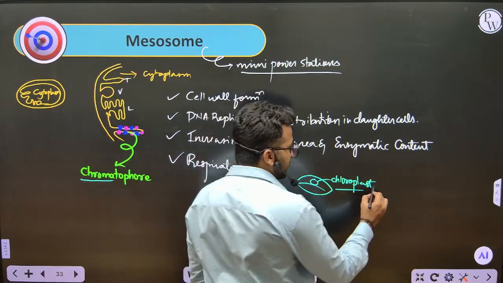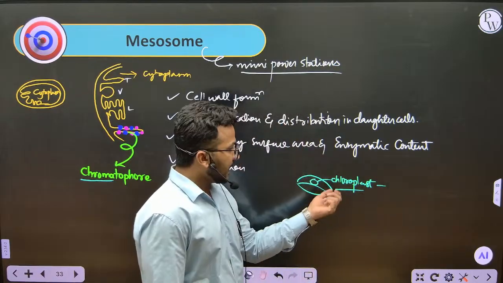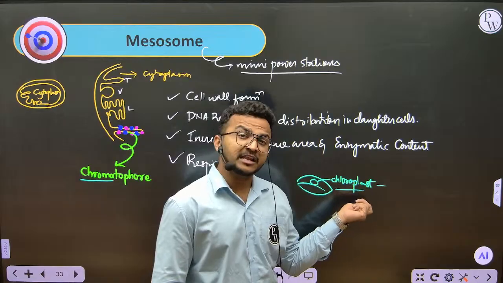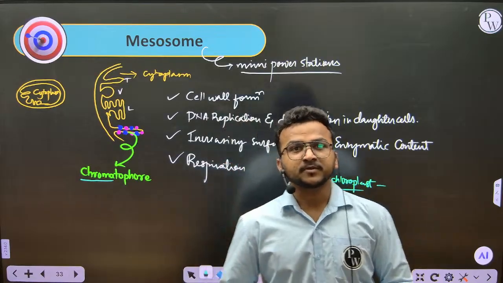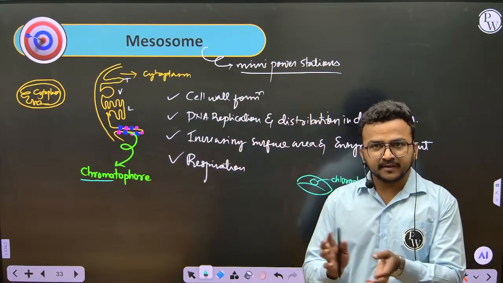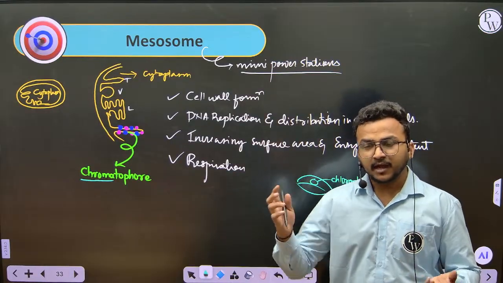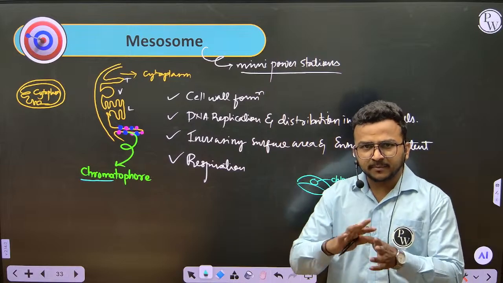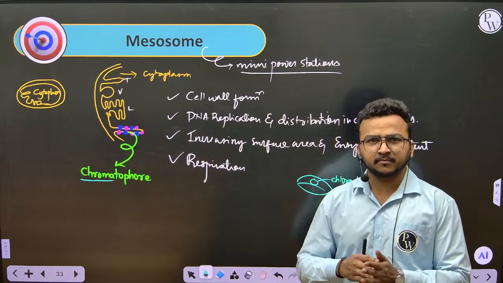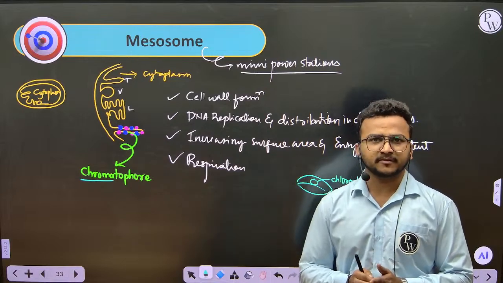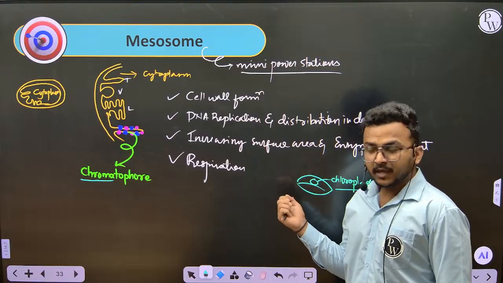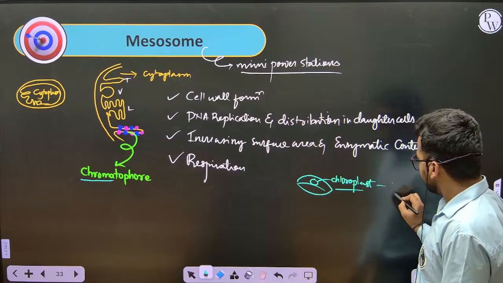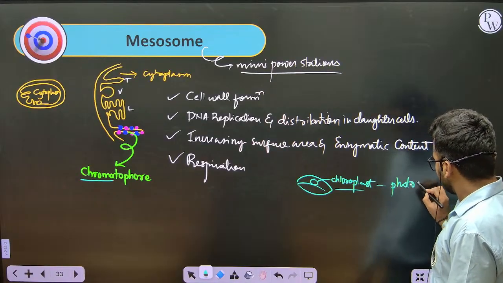What is the function of the chloroplast? Chloroplast has chlorophyll pigment, which absorbs all wavelengths except green, mainly blue and red wavelengths of the spectrum. That light radiation is absorbed, and the chloroplast is involved in photosynthesis.